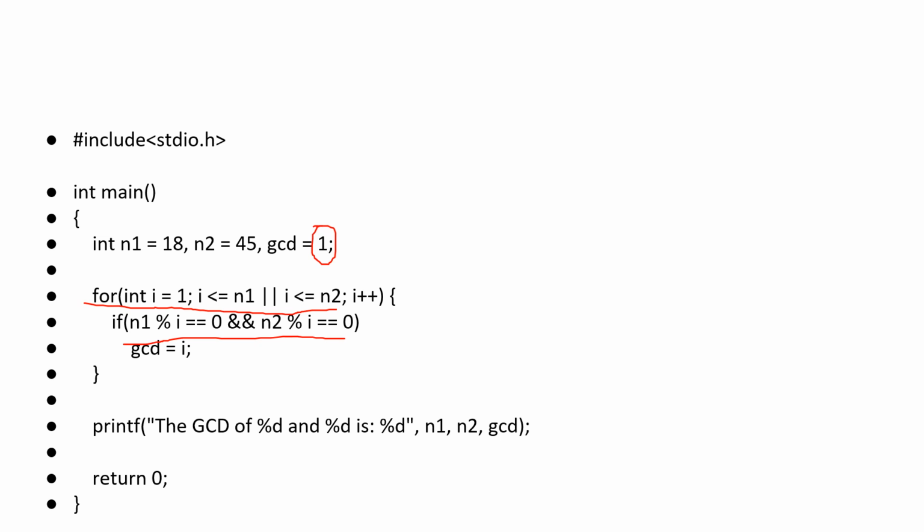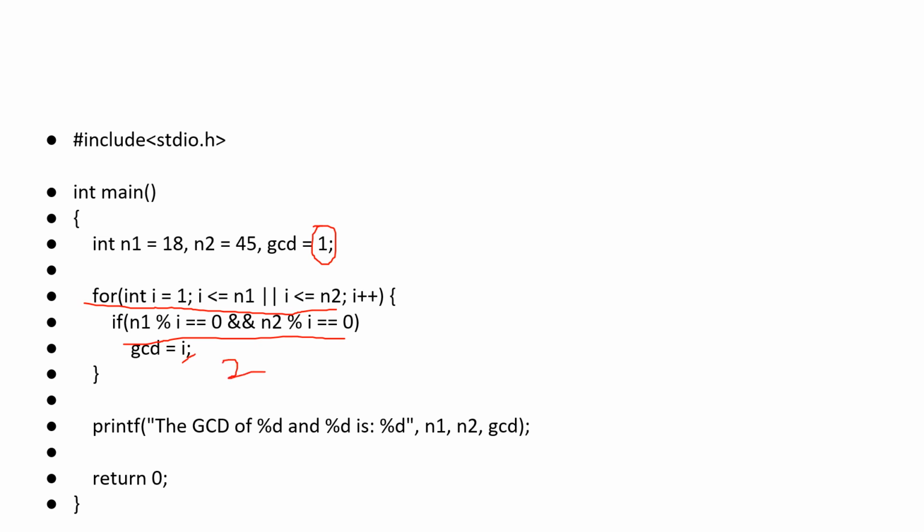If both are true, that is, the remainder is 0, both numbers are divisible by 1. For 2, 10 percentage 2 and 20 percentage 2 are both 0, so 2 will be stored in the GCD.